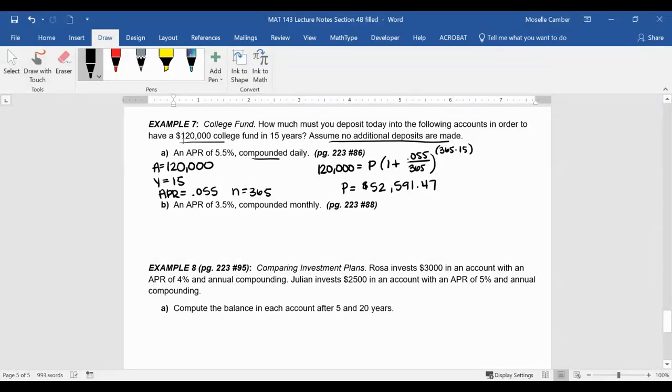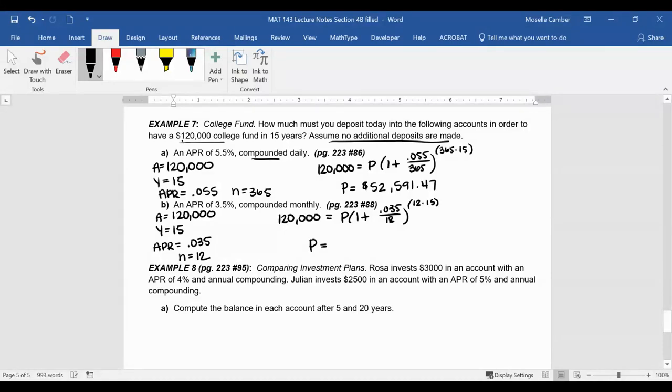Now let's say we have an APR of 3.5% compounded monthly. So smaller APR, but more often. Let's see how that affects it. So again, we still want 120,000 in our account. We want to do that after 15 years. This time my APR is 0.035 and my N is monthly, so it is 12. So 120,000 is going to be your P times 1 plus your rate, the annual rate divided by the number of times per year, 12, raised to the number of times per year times the number of years.